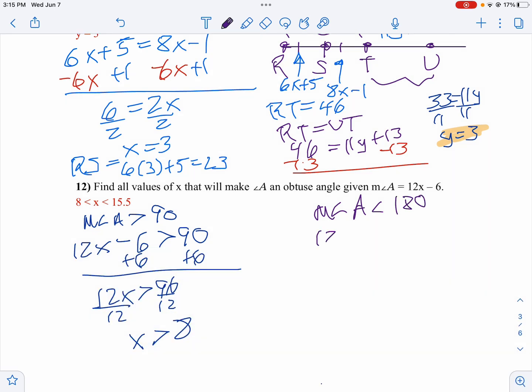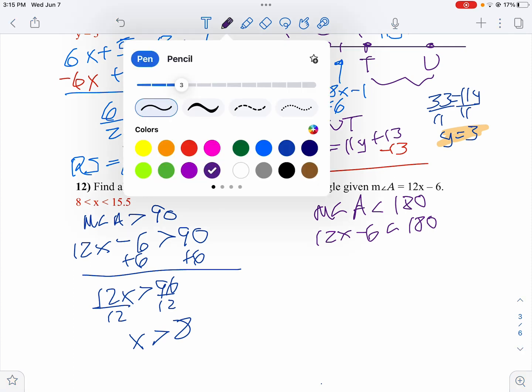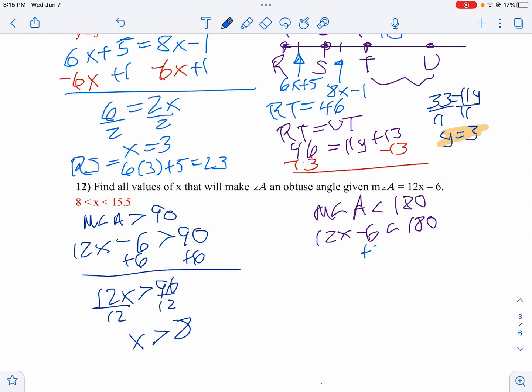So I'm going to say 12x minus 6 has to be less than 180. I'll add 6 to both sides, just like I did before. Only I'm just using 180 now, aren't I? So 12x is less than 186. I'll divide both sides by 12.